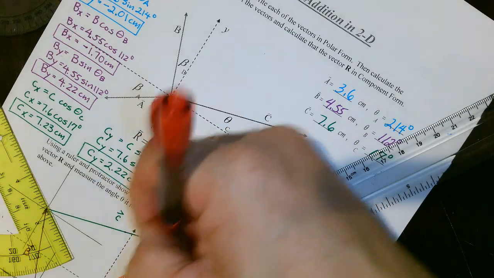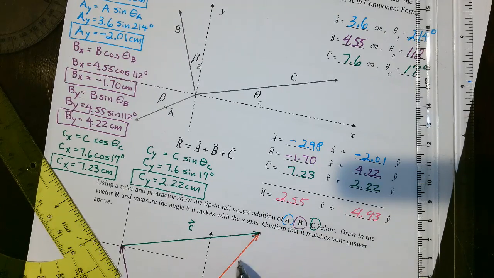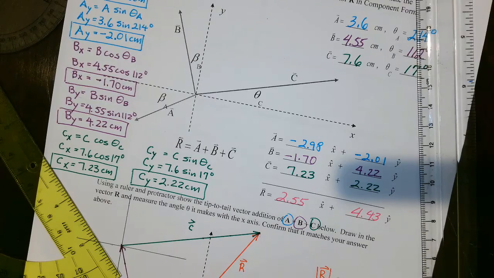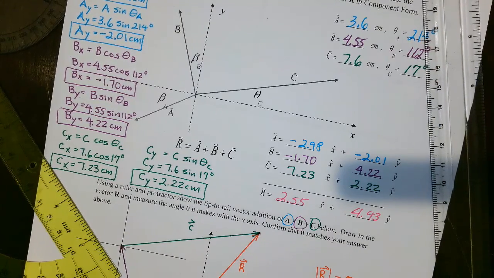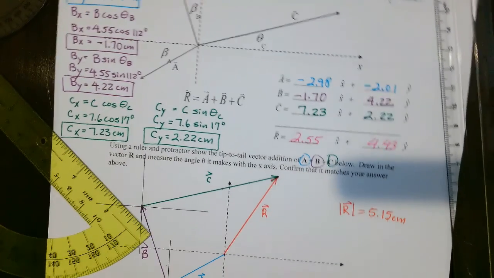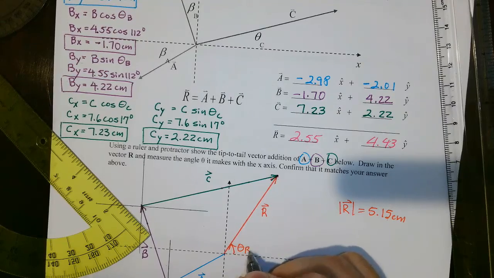This is my resultant, and my resultant magnitude looks like 5.15 centimeters. Again, that's measured. And this here is my angle theta r.